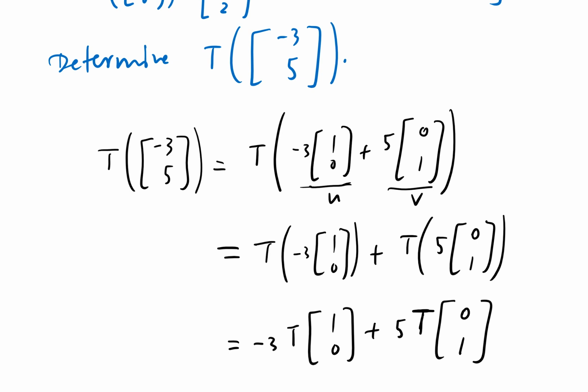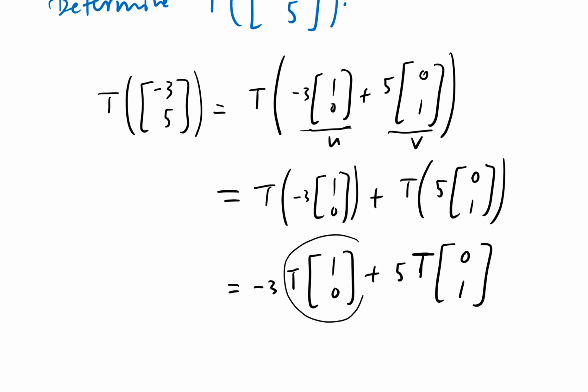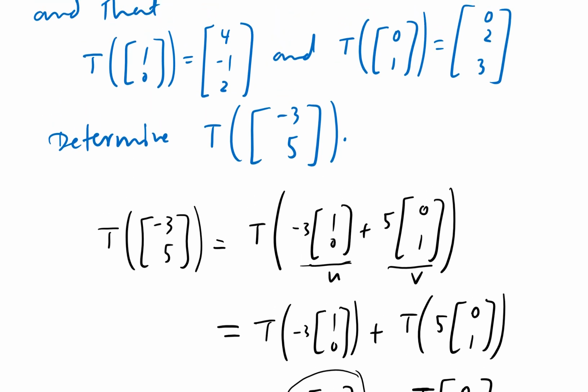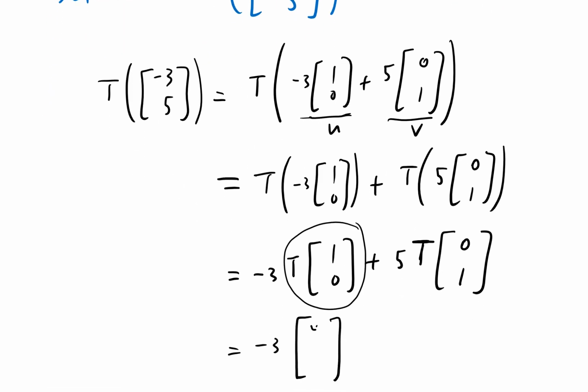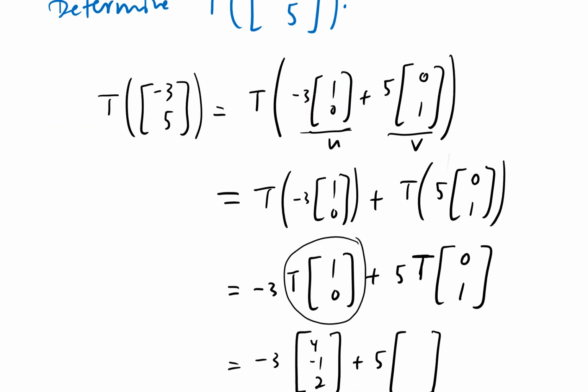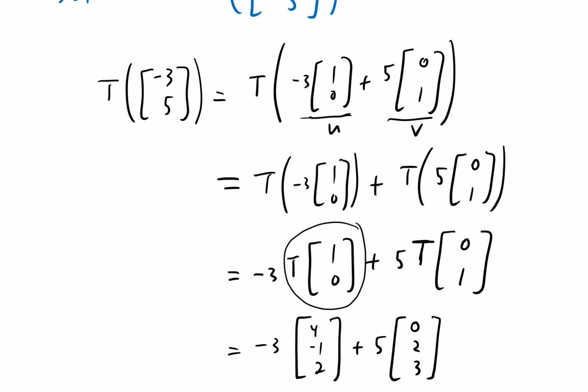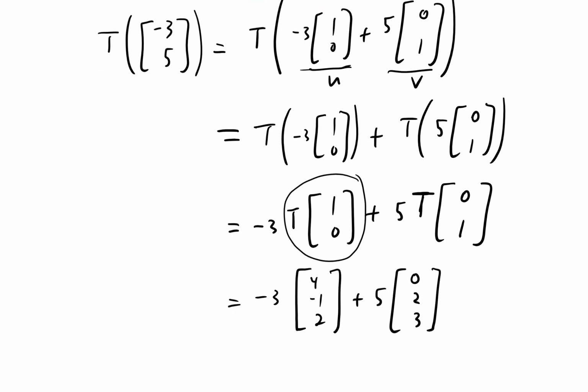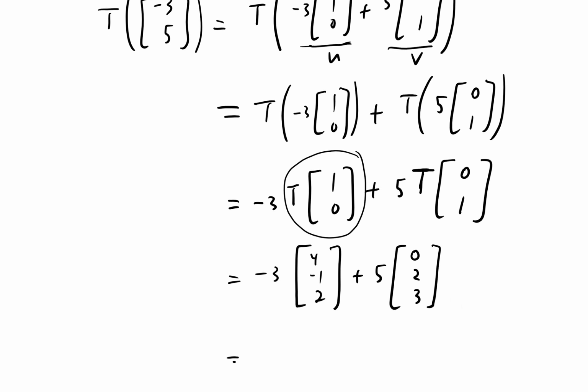But remember, T(1, 0) is given to us. It was (4, -1, 2), and T(0, 1) is (0, 2, 3). So multiply the -3 in: (-12, 3, -6).